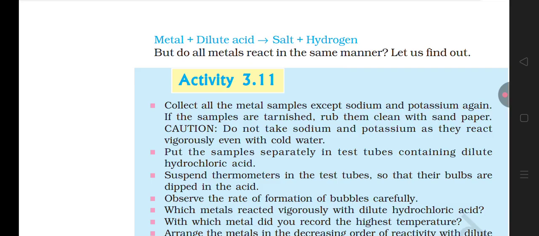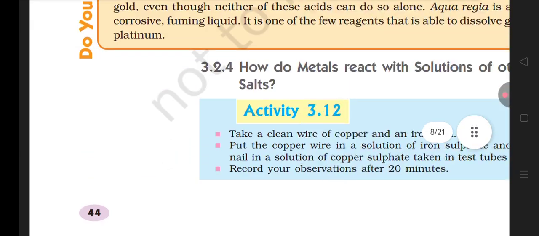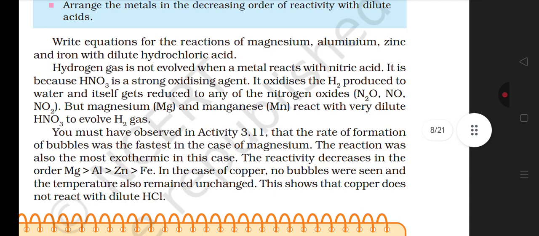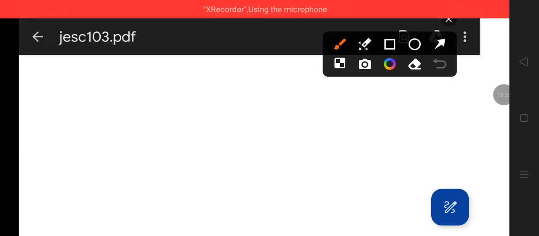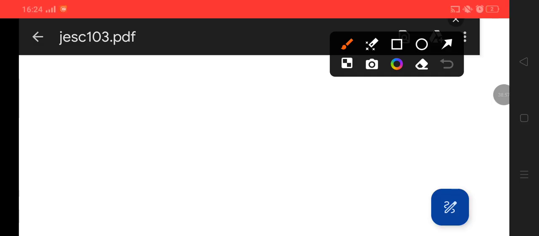Let me write the reactions. Here we are going to write the reactions. First of all, we have magnesium reacting with dilute hydrochloric acid.